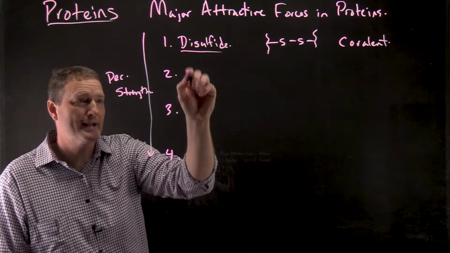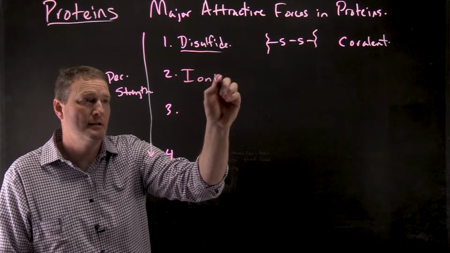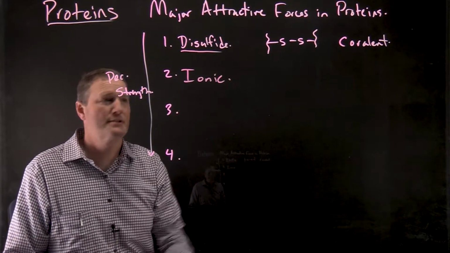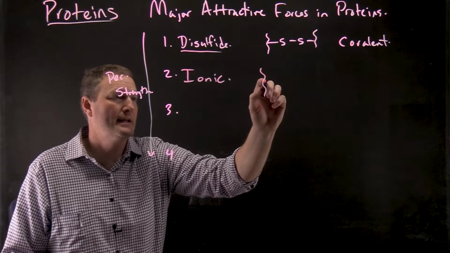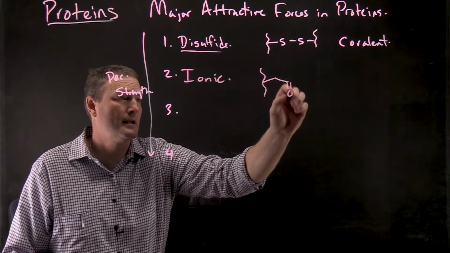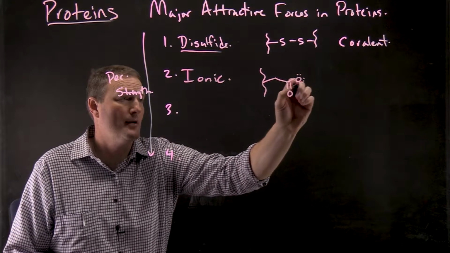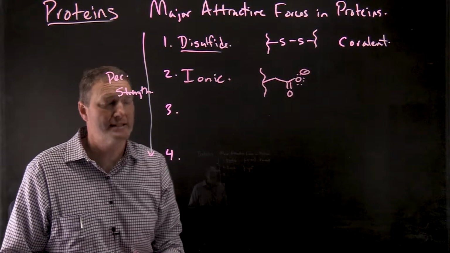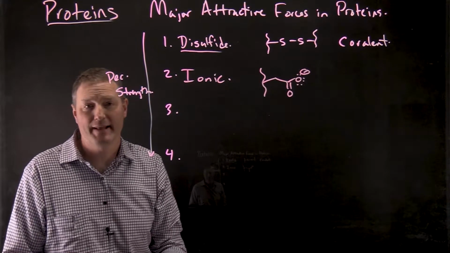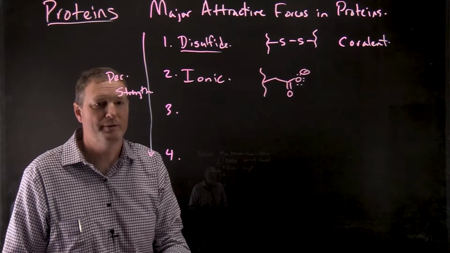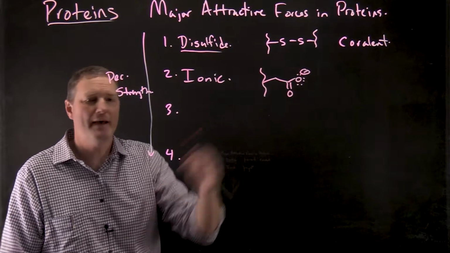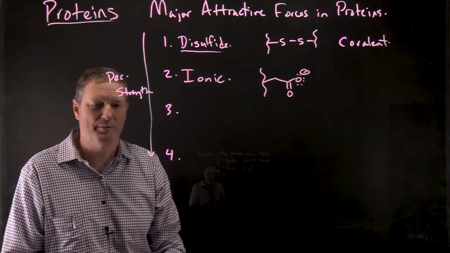Next are the so-called ionic bonds, or ionic interactions. So for example, if I had the amino acid aspartic acid, and I'm drawing it in its physiological protonation state, which would be a carboxylate. Let's say that was somewhere on one end of a protein.